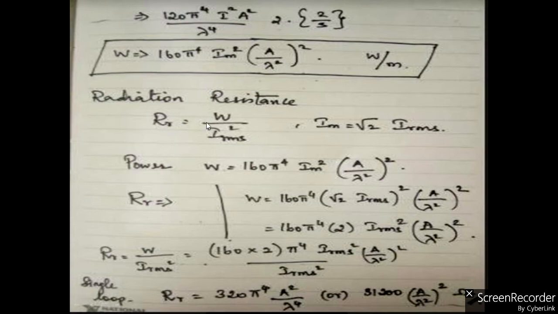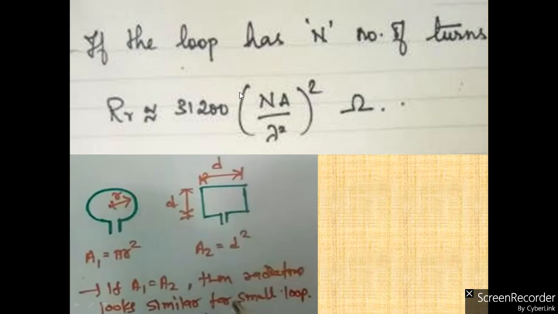From this we can calculate the radiation resistance. The radiation resistance is W by I square RMS. We know that the relationship for I RMS is Im by root 2. If we do the calculation, we get the radiation resistance as 31,200 into (A by lambda square) the whole square ohms. This is the formula we have to remember for the radiation resistance of the circular loop.